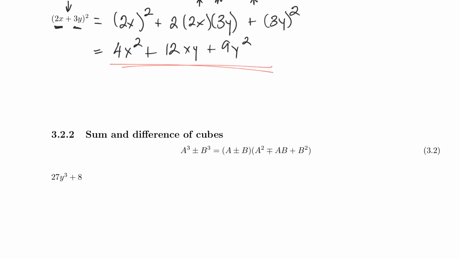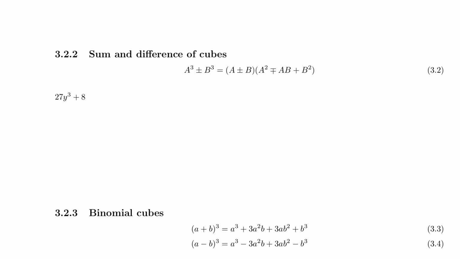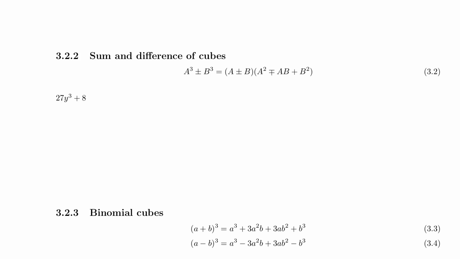Now let's see the sum and difference of cubes. We also have an equation right here. If you look closely, we also have terms A and B, but now each of them is to the power of 3. What does it mean?